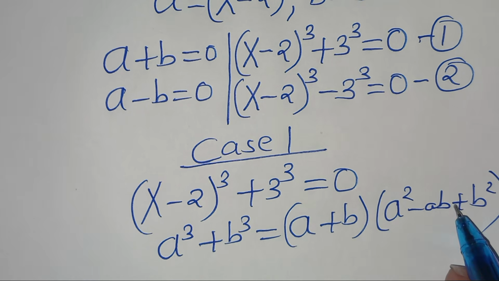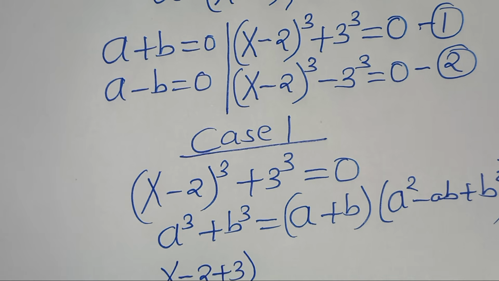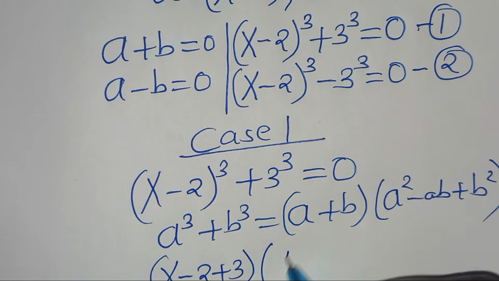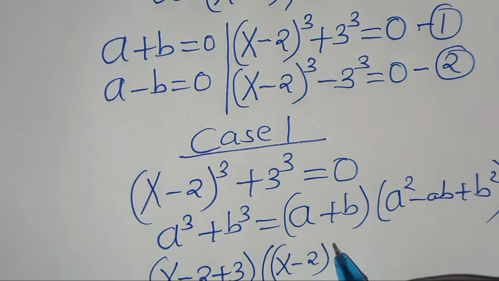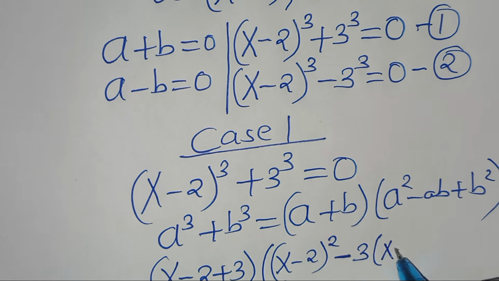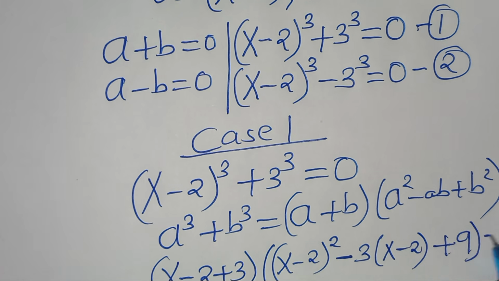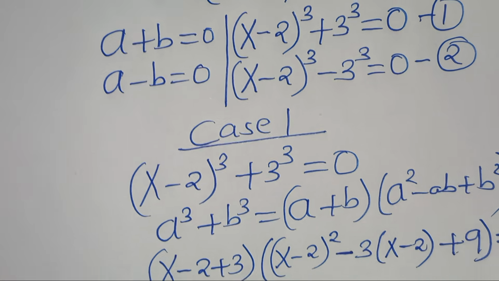Applying this identity, we have (x − 2 + 3)((x − 2)^2 − 3(x − 2) + 3^2), where 3 squared is 9, equal to 0.